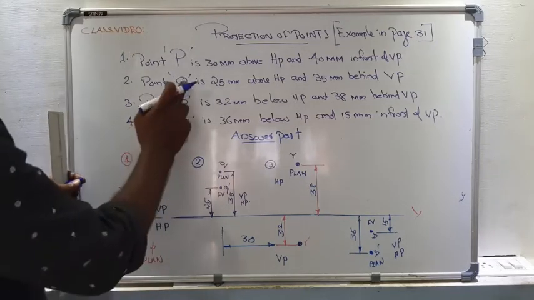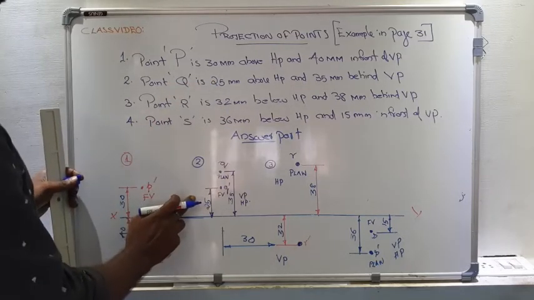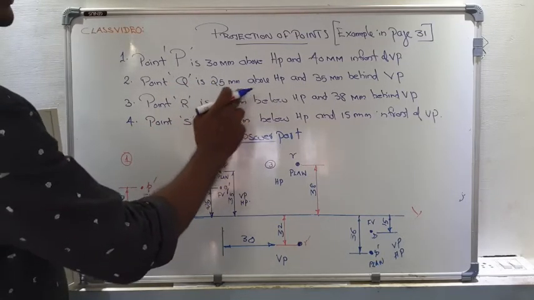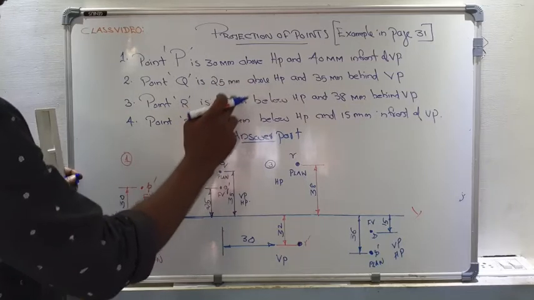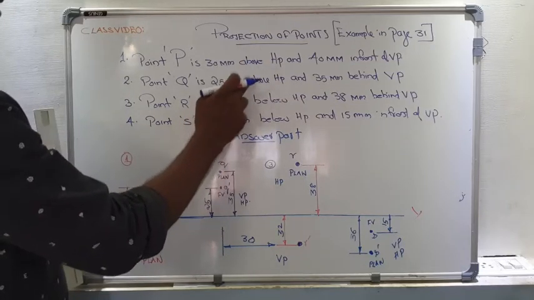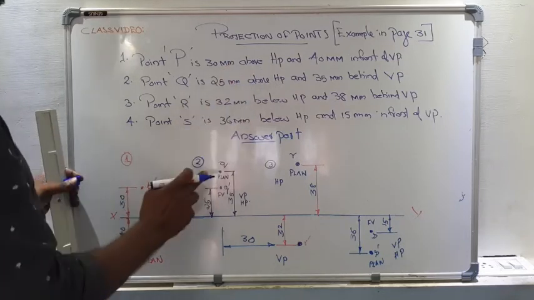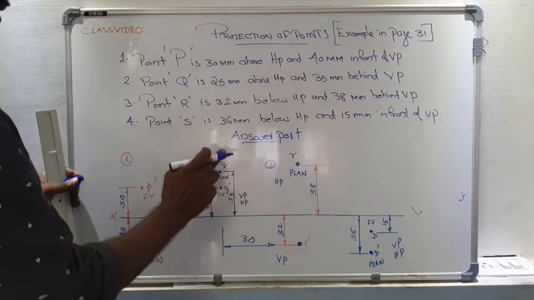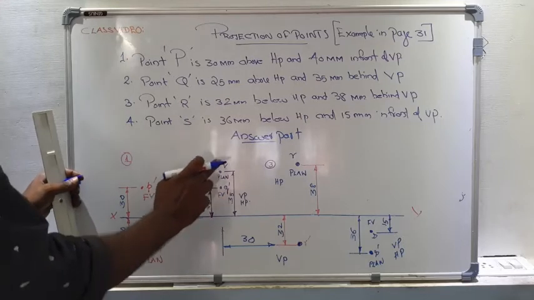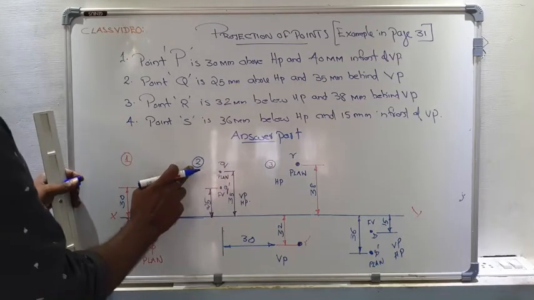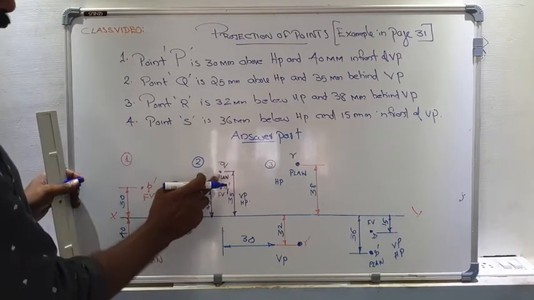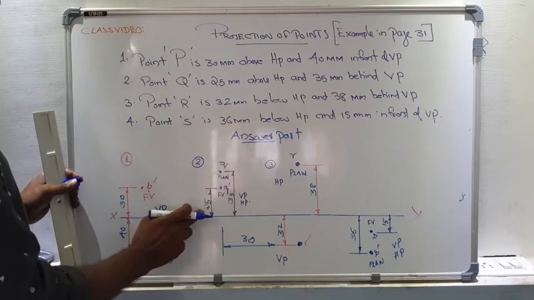Now move on to the second question. Here from this hint we can understand that the object is situated in the second quadrant. Because of that we can say that both front view and plan come above the XY line. Now first we have to put a point here, keeping the distance 25 mm.